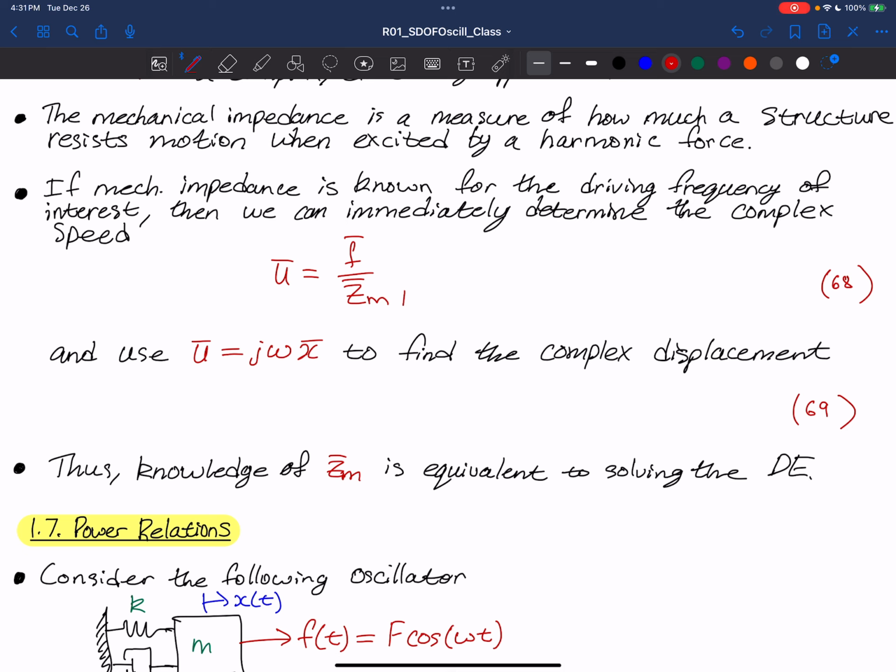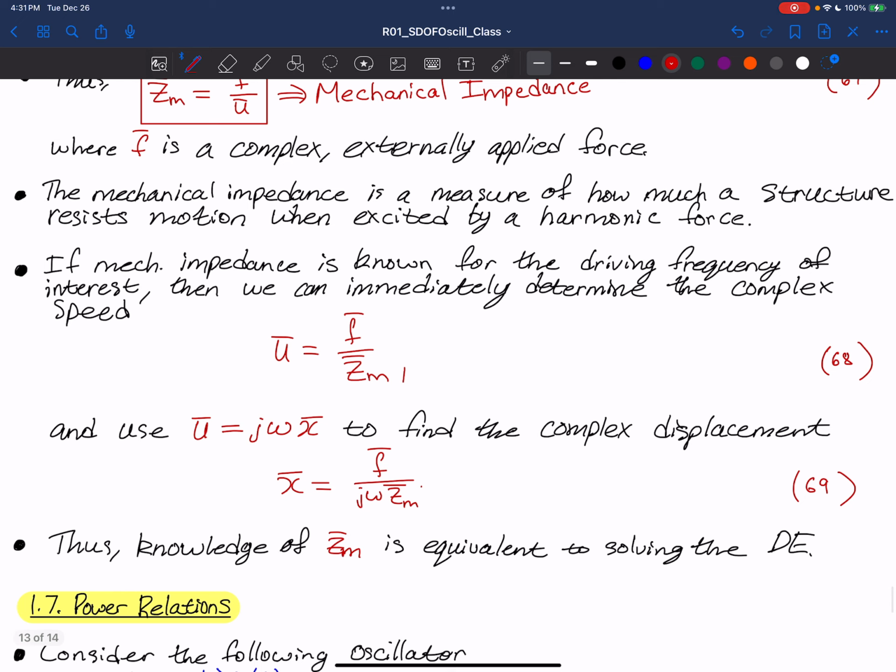In other words, x bar is equal to that force F divided by j omega times Z bar sub m. And what this means is that if we know the complex mechanical impedance, that's equivalent to having solved the differential equation. It's equivalent to understanding and knowing the dynamics of the system.